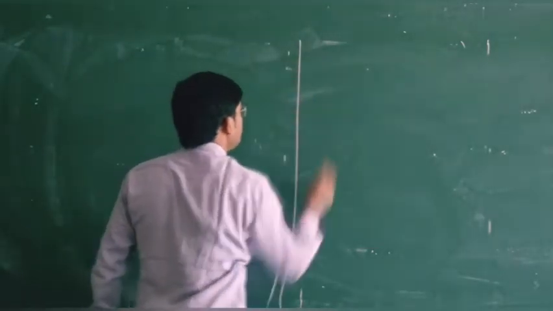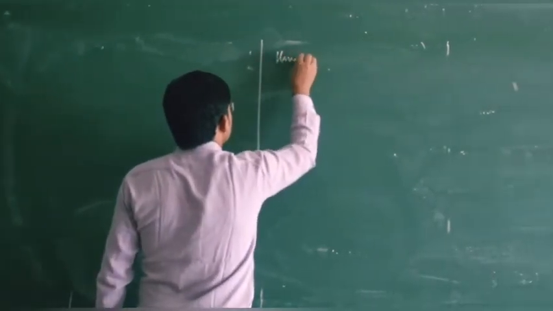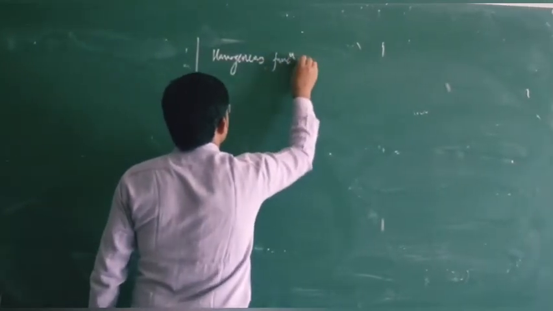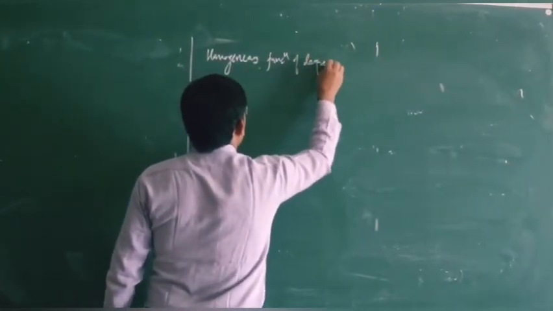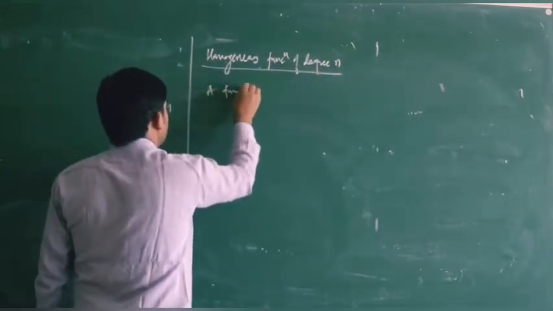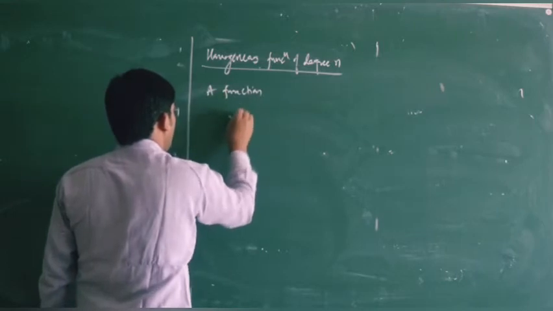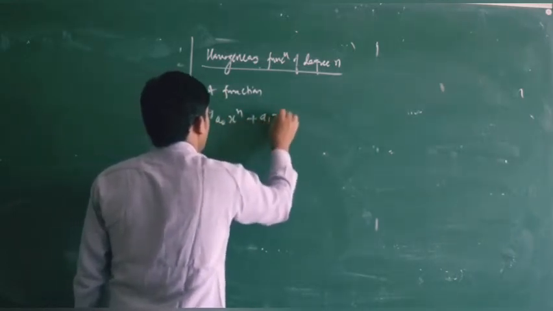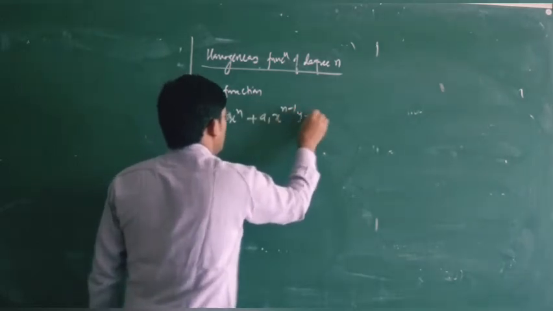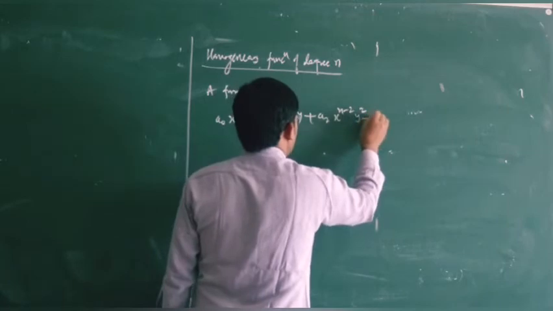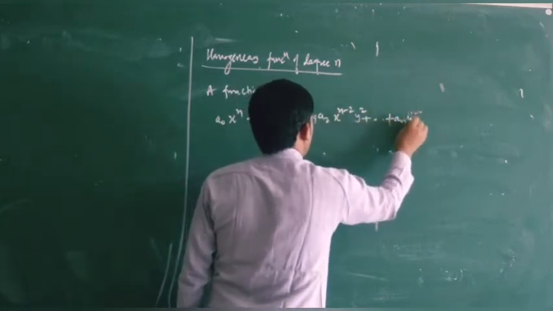Now homogeneous functions of degree n. A function a naught x power n plus a1 x power n minus 1 into y plus a2 x power n minus 2 into y square, up to an into y power n.